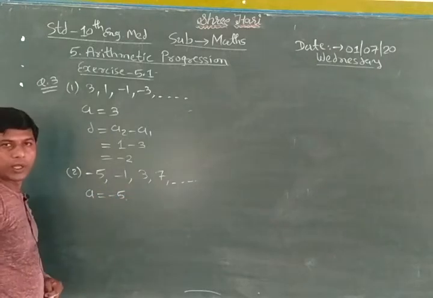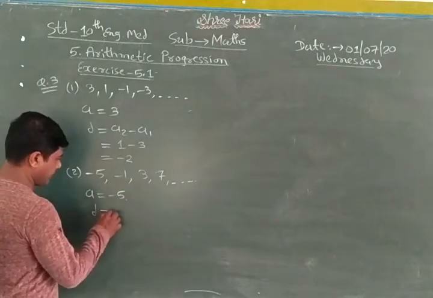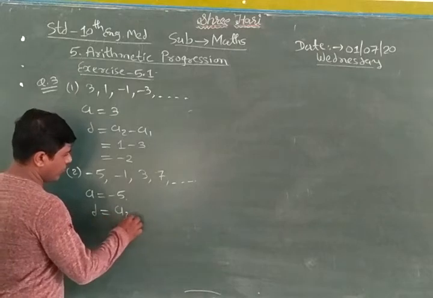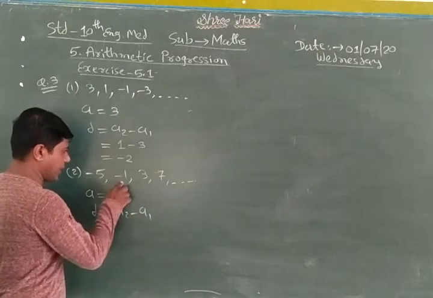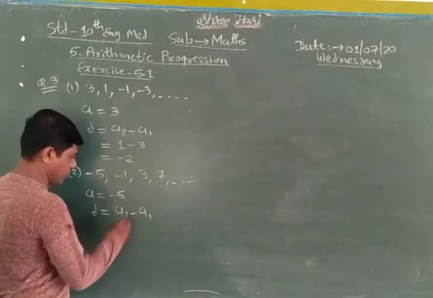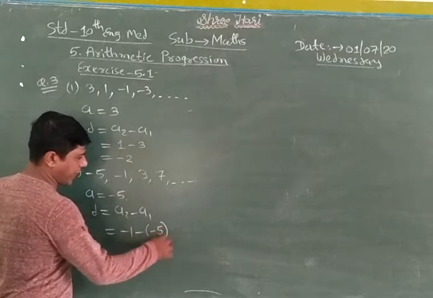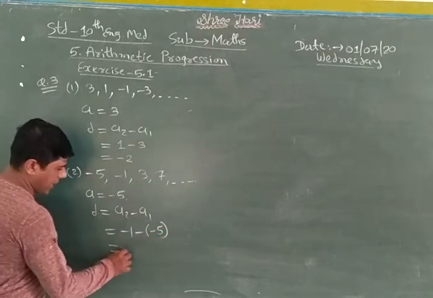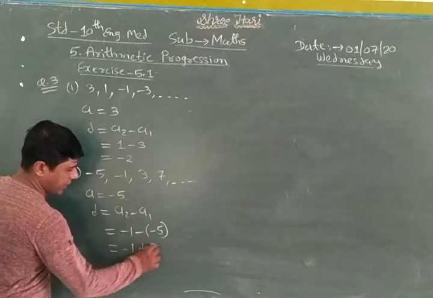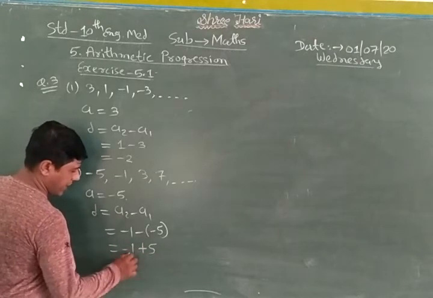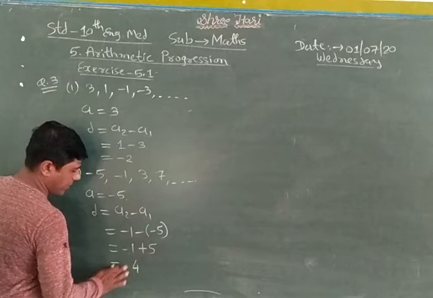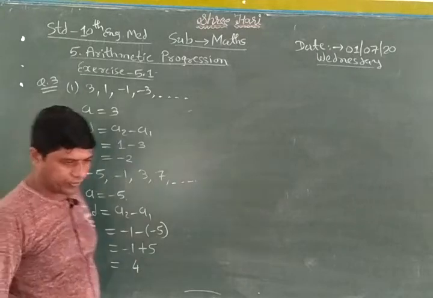Common difference D is A2 minus A1. This is A1, A2, A3, A4. A2 minus A1: minus 1 minus minus 5, so plus 5 minus 1, so 4, with a plus sign, plus 4.